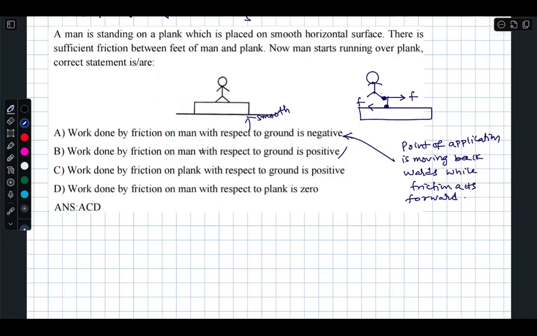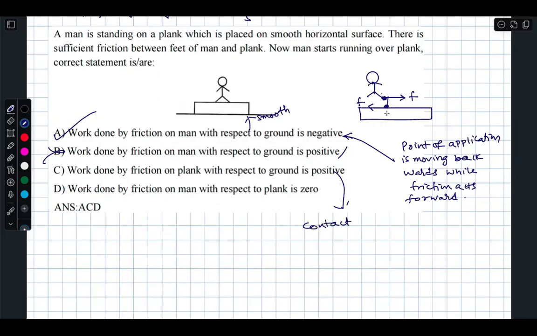A is correct, B is wrong. Work done by friction on plank with respect to ground is positive. True. Why? This contact point as well as this friction is in the same direction.